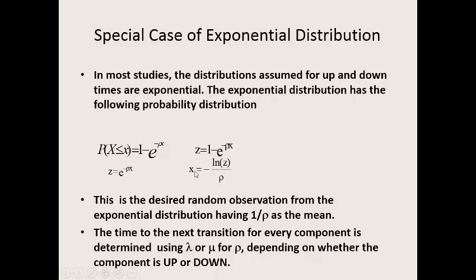And from here, x is the log of z over rho with a minus sign, where rho could be the parameter of the distribution describing the uptime, or the parameter of the distribution describing the downtime. If it is the downtime, then this will be the repair rate. If it is the uptime, then this is the failure rate.